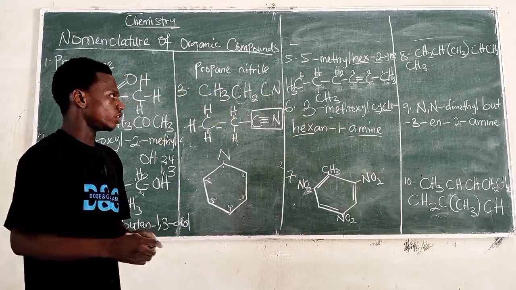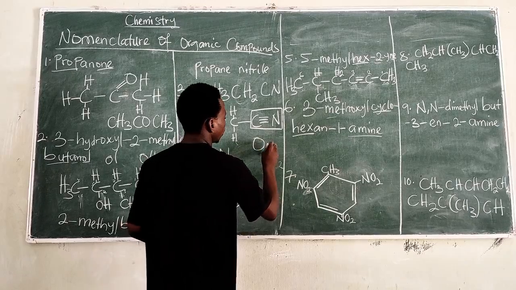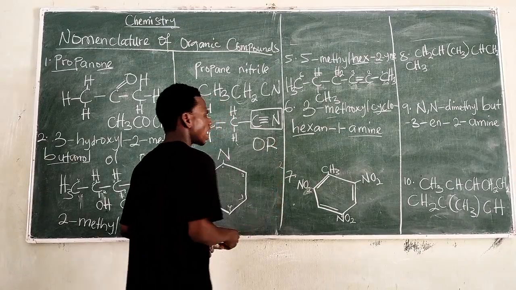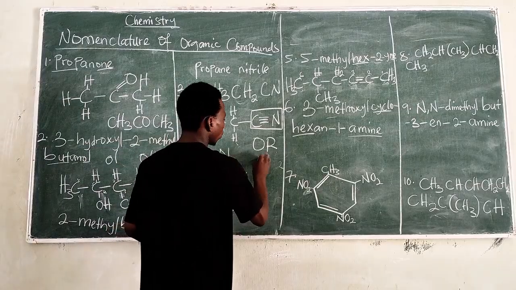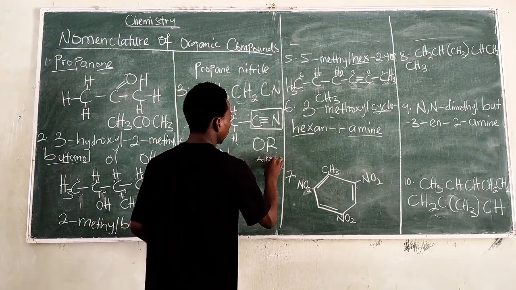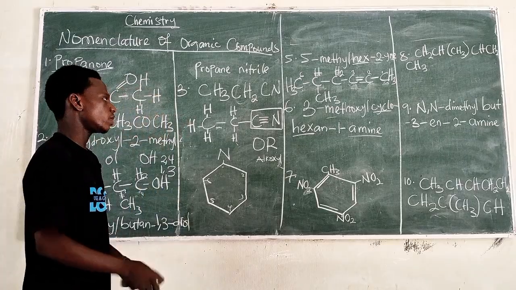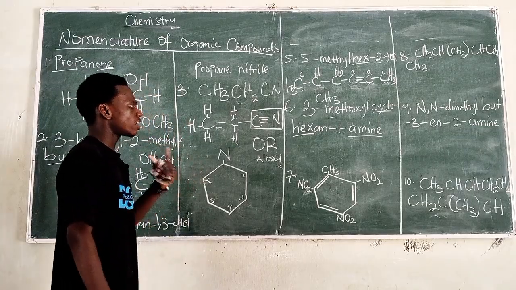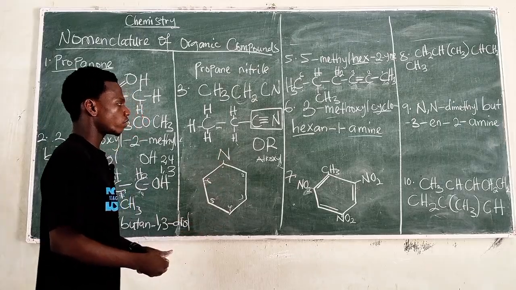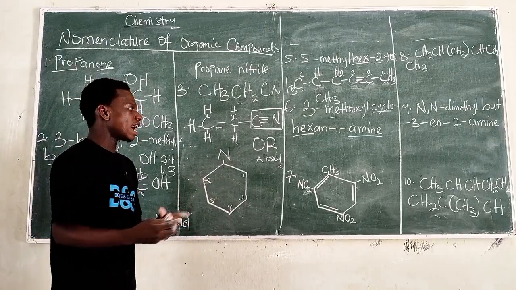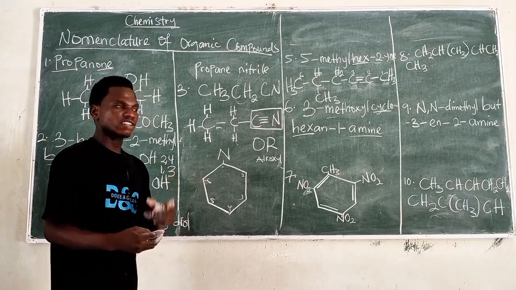A methoxy. When you have an oxygen attached to an alkyl group, that is when you have an alkoxy group. And methoxy is one of the alkoxy groups. Alkyl groups are derived from alkanes by the removal of one hydrogen atom.